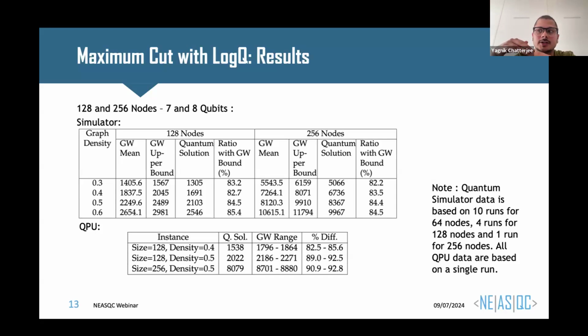The upper bound is actually more than the optimal, and it is calculated by the Goemans-Williamson method. We take an average of the Goemans-Williamson method to give the upper bound. And similarly for QPU, we can see it's around 82 to 85%, and around 90% for 256.